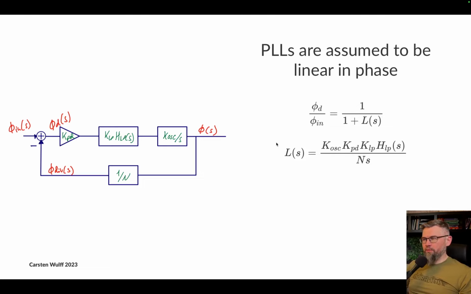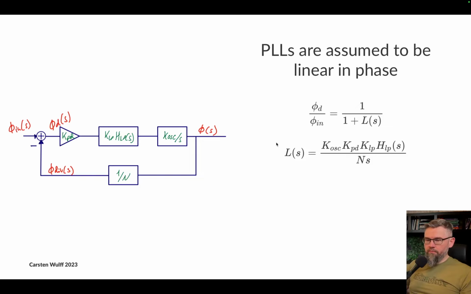This is similar to what we looked into with the bilinear transform, which works well between the Z domain and the S domain, as long as you have maybe 10 times the sampling frequency compared to your bandwidth. And it's a similar thing in PLLs.